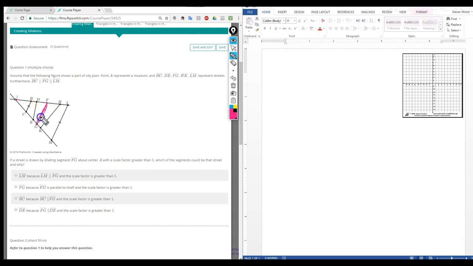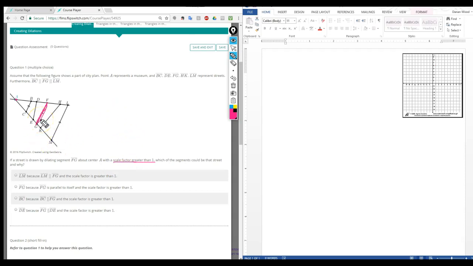So that means I took this segment and I either doubled it, tripled it, quadrupled it, multiplied it by 5, made it bigger than that, or it could have been 1.5 times bigger. Anytime it's greater than 1, we have an enlargement, which means it becomes bigger. The segment is bigger. So if I look at this and I'm looking to the left of FG, these segments are smaller, so that means it was a reduction. And if I look to the right, these segments are bigger, so that means it was an enlargement, which means the scale factor is greater than 1.